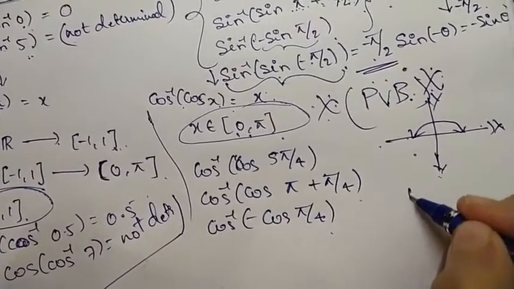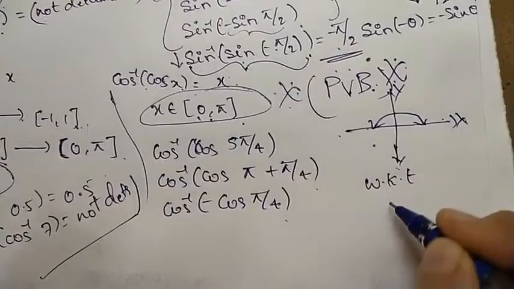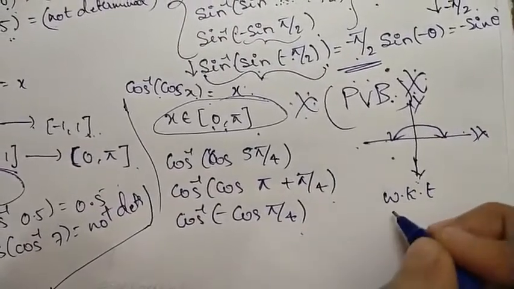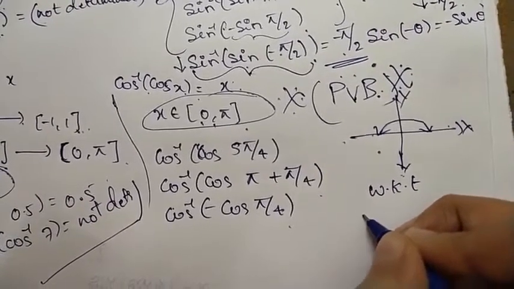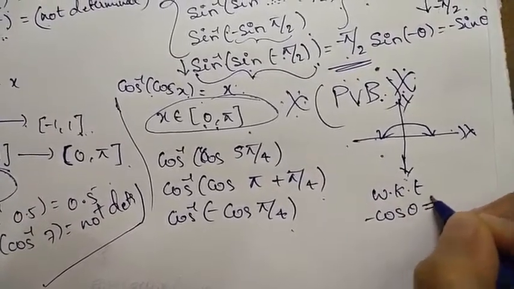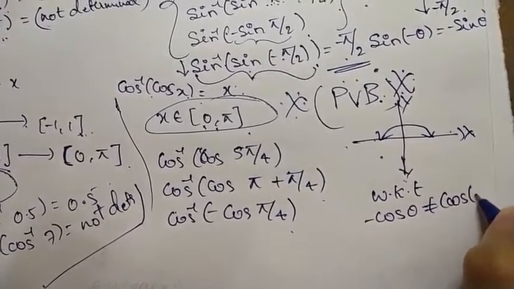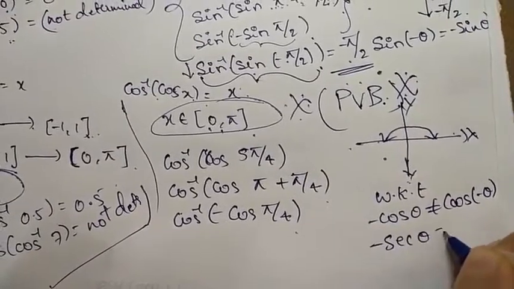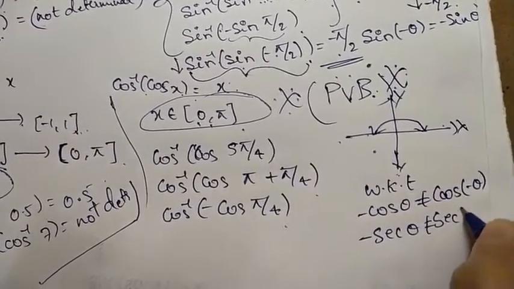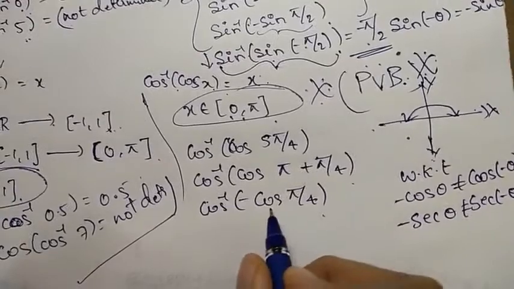But remember, this is very important to understand when it comes to the cos and secant functions: minus cos theta is not equal to cos of minus theta. And even in secant, minus secant theta is not equal to secant of minus theta. So we can't write that here.